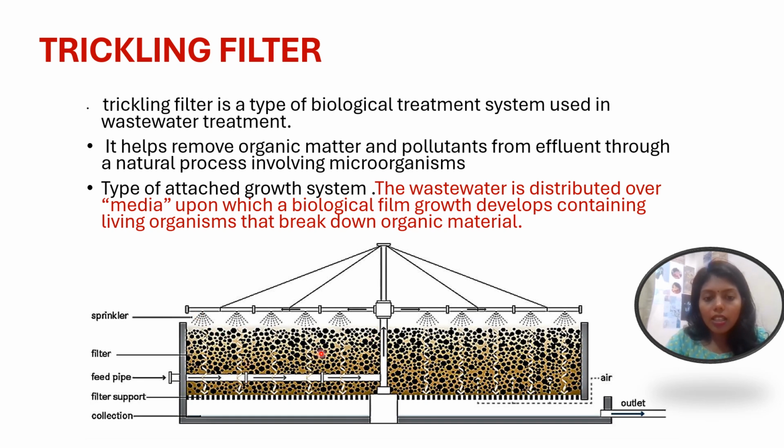This is the media which helps to filter the wastewater, and when water is sprinkled over the media, a biological film growth will develop containing living microorganisms. They will later help in the degradation of organic matter and dissolved organic matter present in the wastewater. This is the collection pipe, and through this outlet, filtered water goes out.